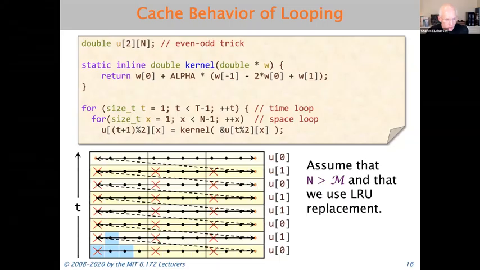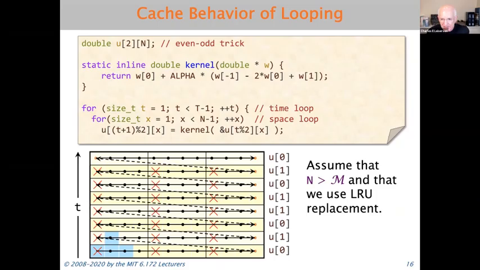So the first one to go out is the first one that we computed on, and the second one to go out is the second one we computed on, and so forth. So by the time we get to the end of the row, all of row 0 except the last M over B cache blocks would have been evicted.